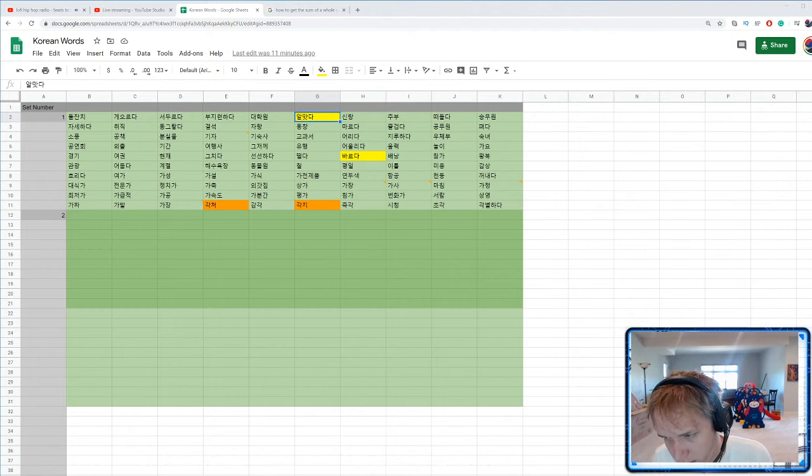Not mother-in-law's house. Mother's family's house. Okay. 상가. Shopping mall. Okay. I don't even remember writing that one down, but it's there. It's right here. Okay. 가장.